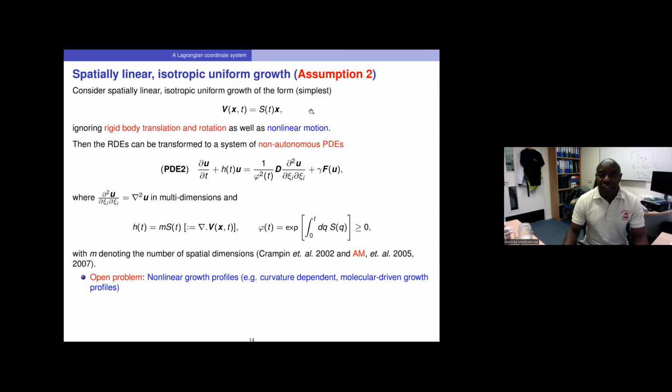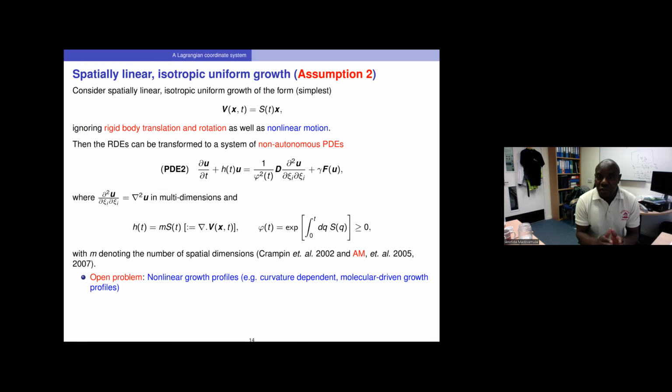Then the next thing, which is assumption 2, is to assume that my domain, I have a time-dependent domain that is growing or shrinking uniformly, isotropically, in a linear fashion. I'm going to ignore all other terms, rotation of the domain or translation of the domain.